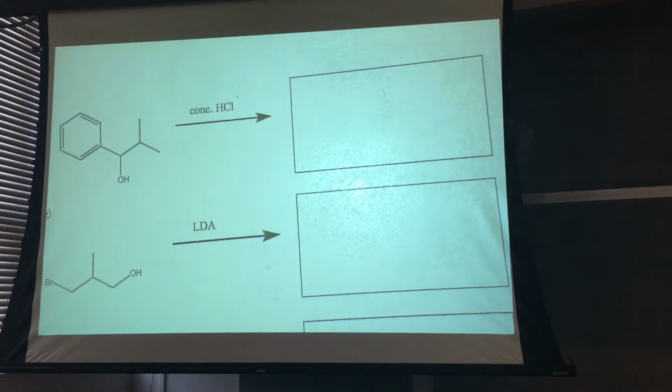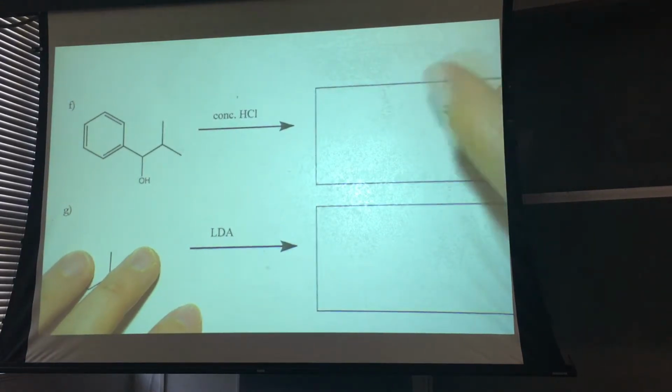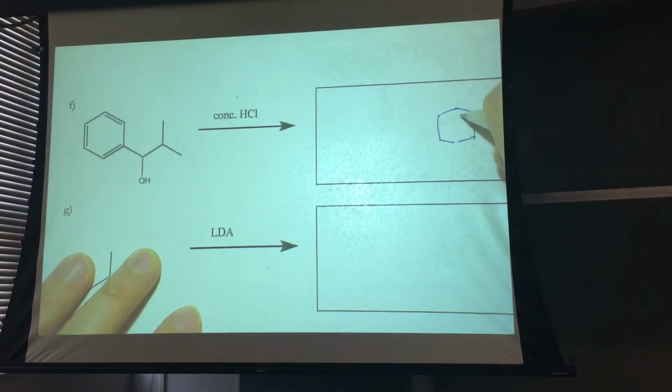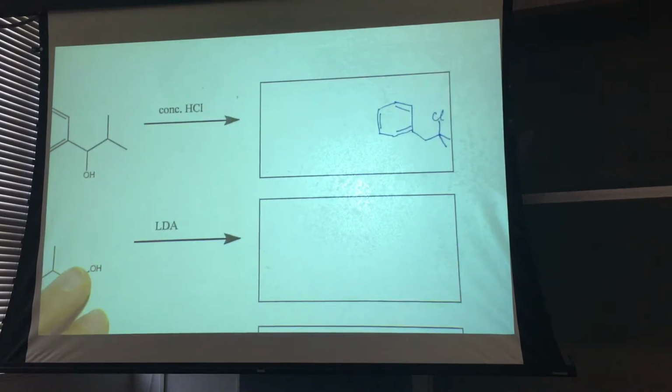Okay, F is a tricky question. Let me see how many of you wrote down this one.